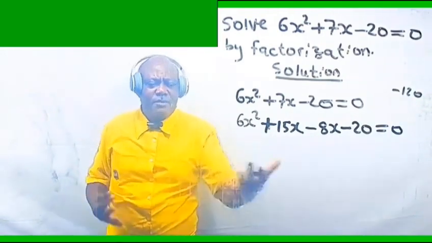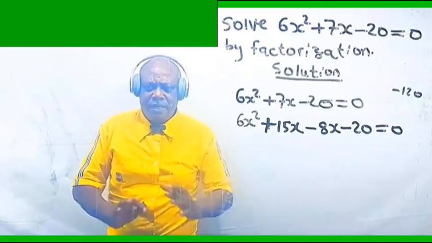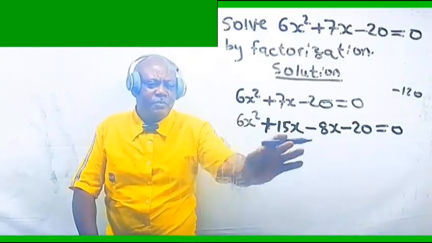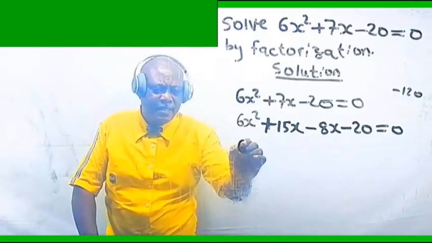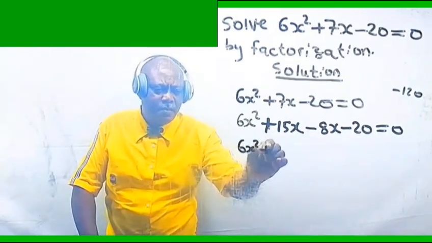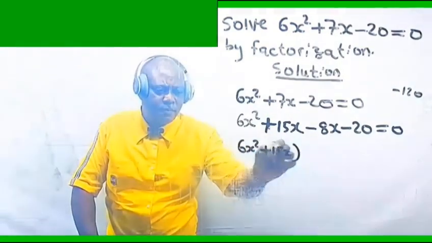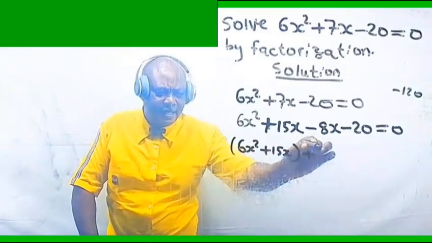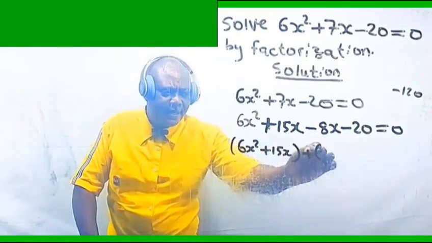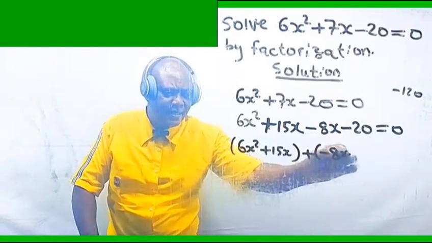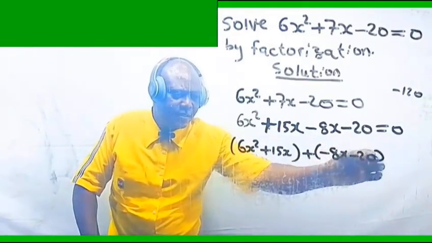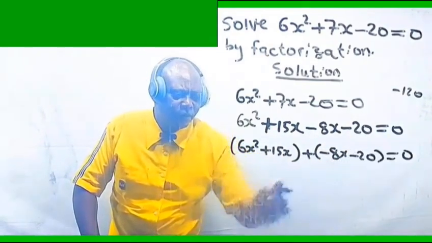If you like, you can start with minus 8 or plus 15; you still get the answer. Next, you put it in brackets. You bracket 6x squared plus 15x, then you add whatever comes later, which is minus 8x minus 20, and of course it equals 0.